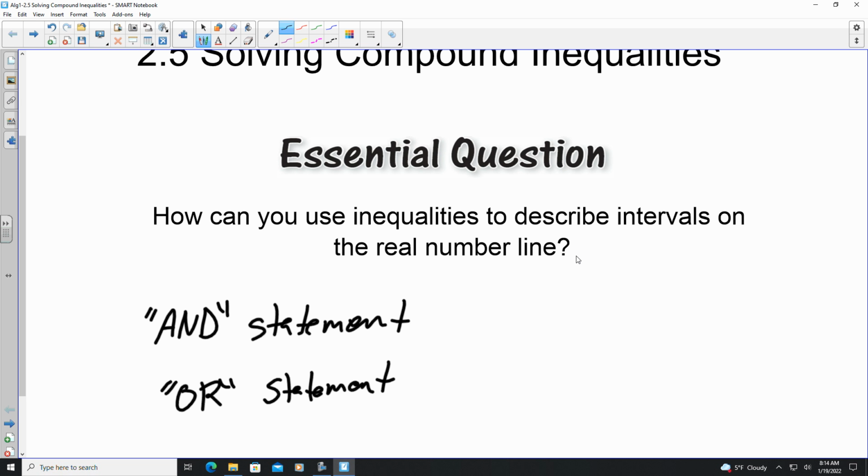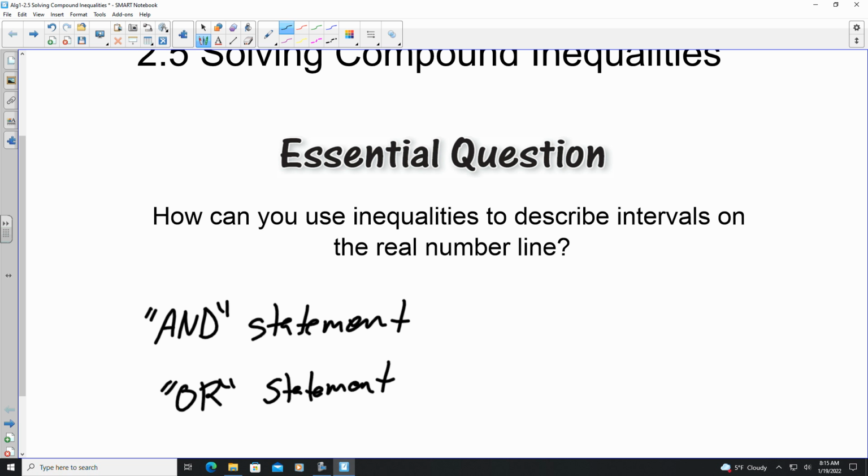When it comes to an and statement, and means that it's gotta work within both sets of parameters. So it's got to be this and that. When it's an or statement, it's either got to be one or the other. And normally, when you are graphing these, they have a very particular way of graphing.